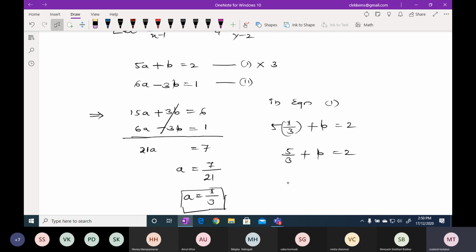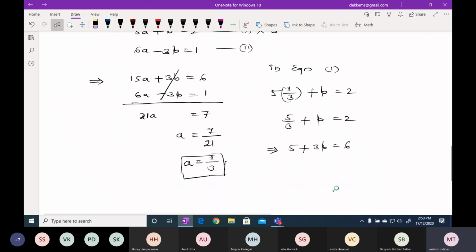Now take the LCM. So this implies 5 plus 3b is equal to 3 into 2, which is 6. Now keep 3b as it is. Now this is 6 minus 5. Okay, so b is equal to 1 by 3. Is it? b is equal to 1 by 3.